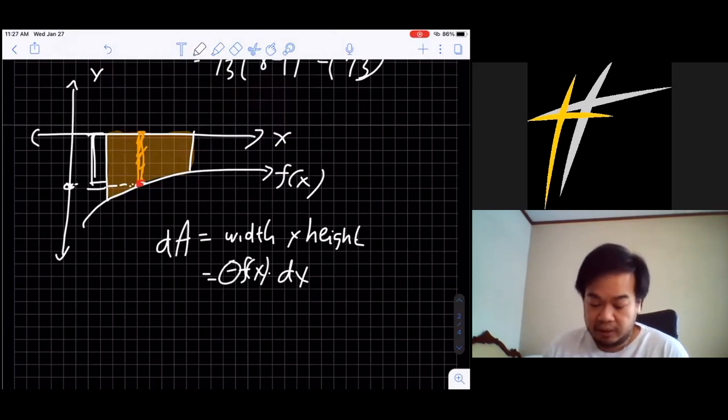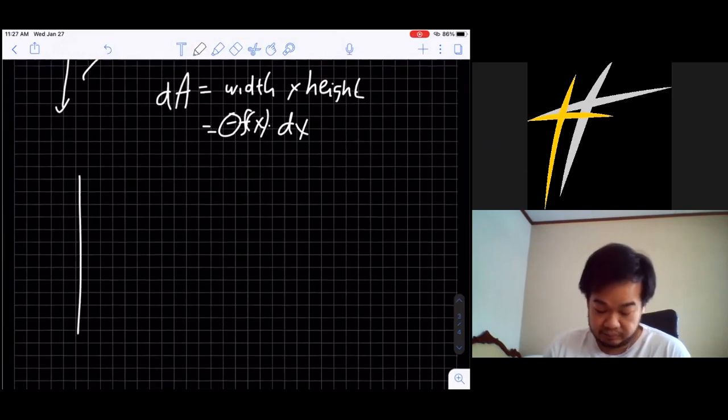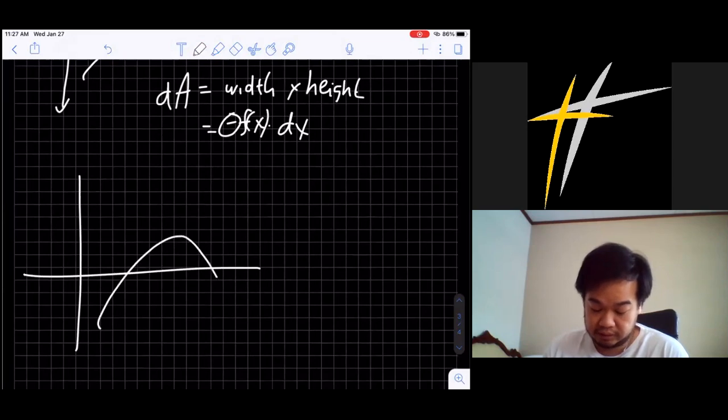Now, what if the case is like this, and we want to find the area from here to here? In this case, we need to separate it.